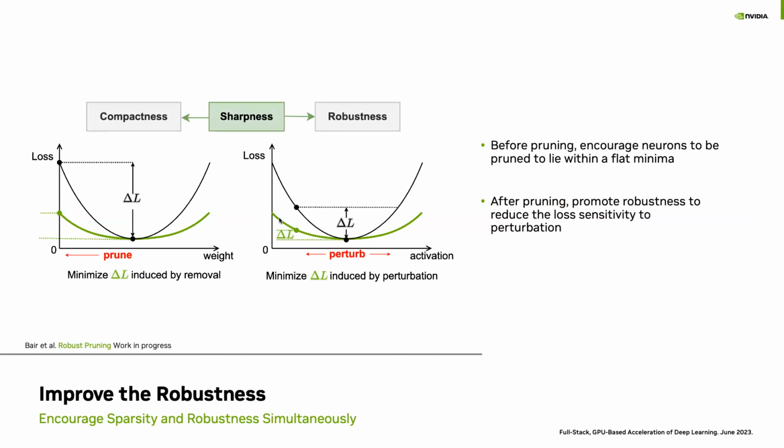So inspired by this idea, we encourage the neurons to be pruned, those least important neurons, to go to a flatter minimum. And after pruning, we encourage the robustness of the remaining channels to reduce the loss sensitivity to the perturbations.